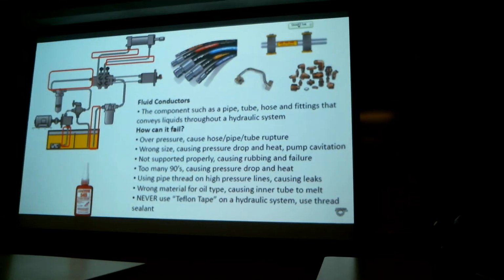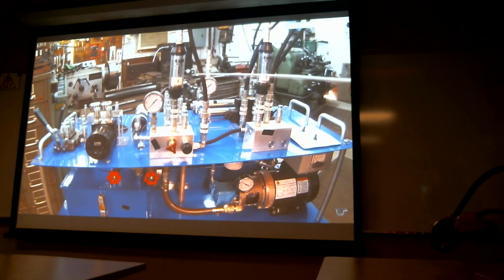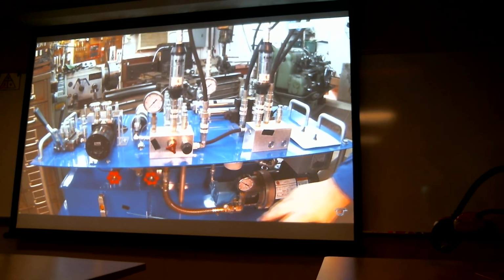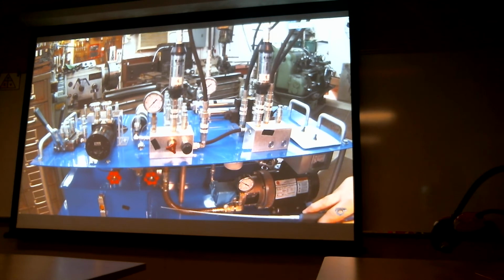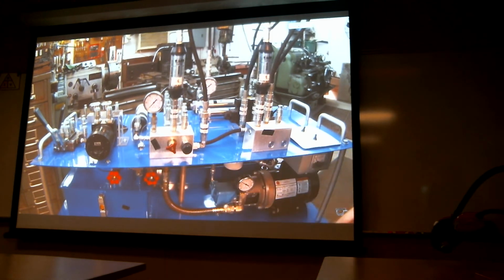Okay, so some of the failure modes that you can experience is overpressurization of your system. I mentioned that earlier, and these things actually blowing up or exploding, these hoses right here. Another one is using a phosphate ester, which is a fire-resistant fluid in your system, and you don't change your hoses to a Viton type hose, and your actual hoses will melt.